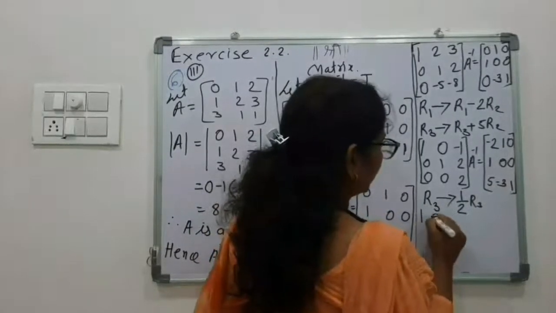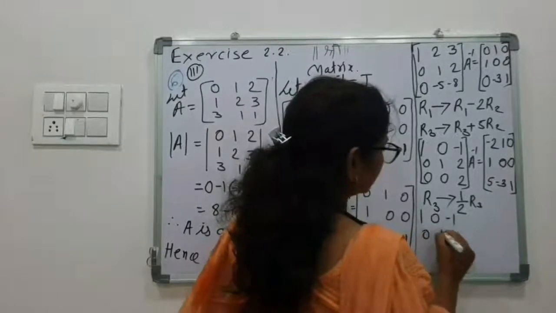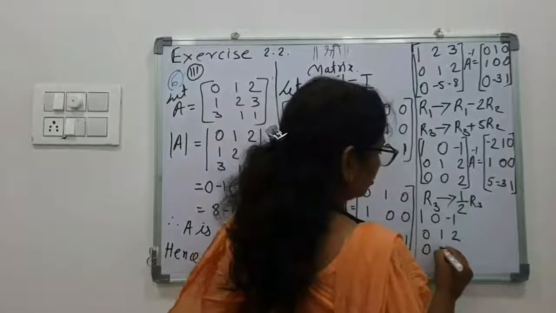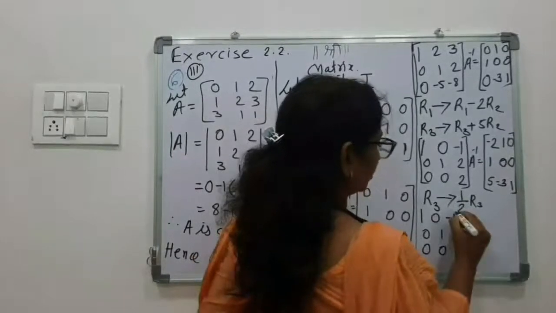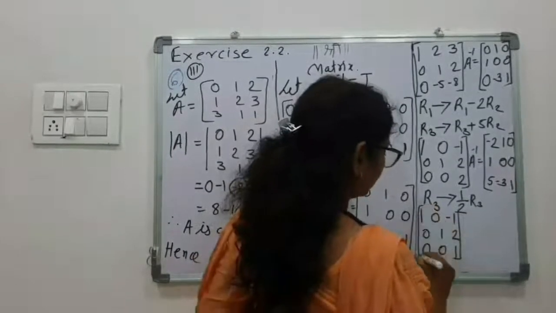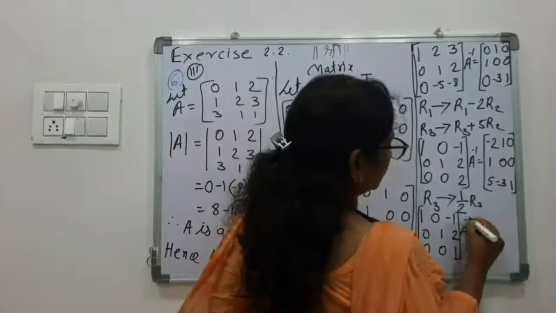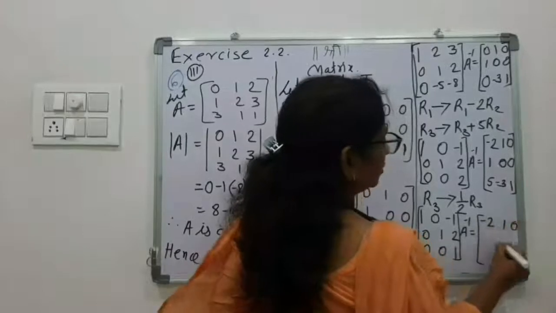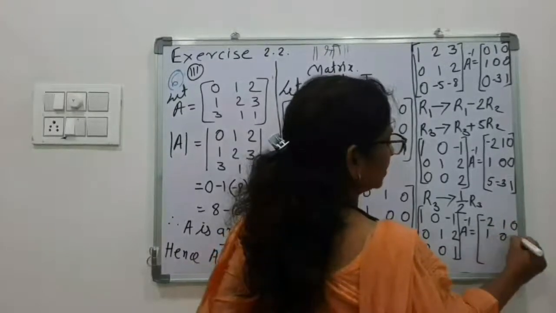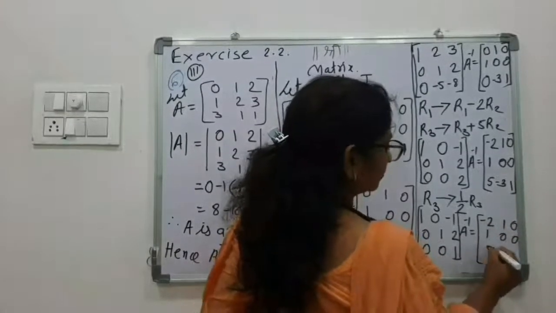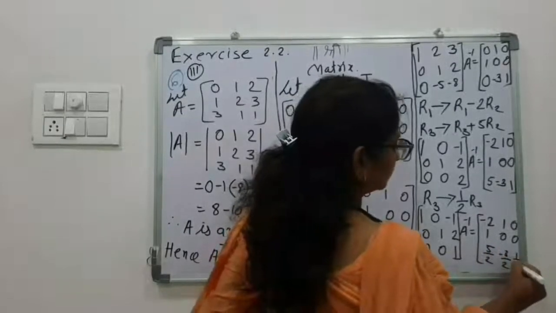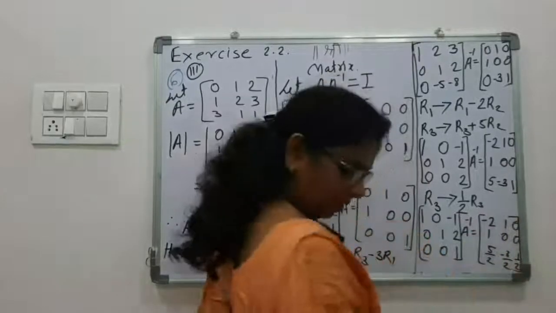Write down them as they are. 0 by 2 0, 0 by 2 0, 2 by 2. A inverse equals to, no change on first two rows. So write down them as they are. Divide by 2. Simple. Okay.